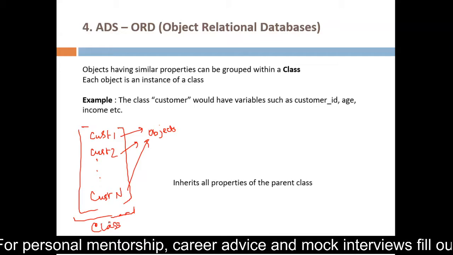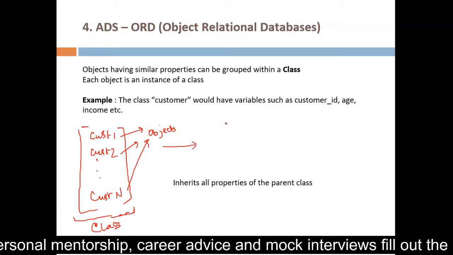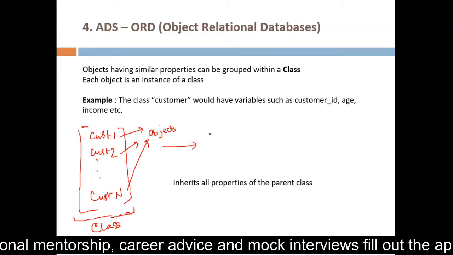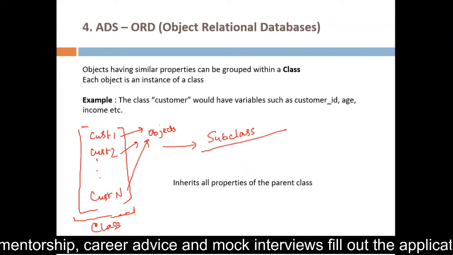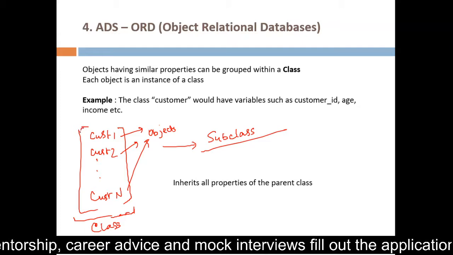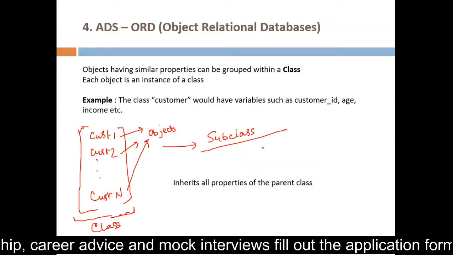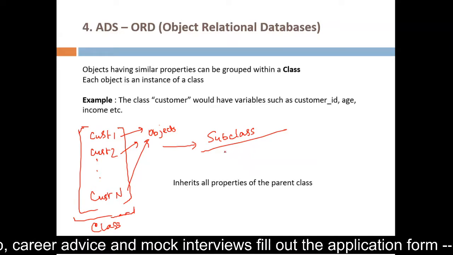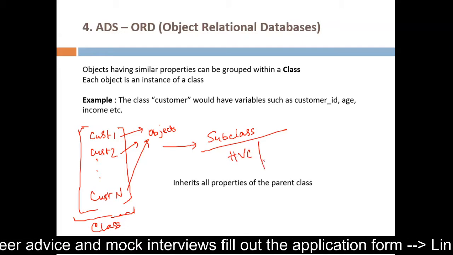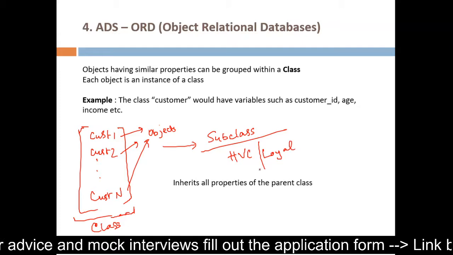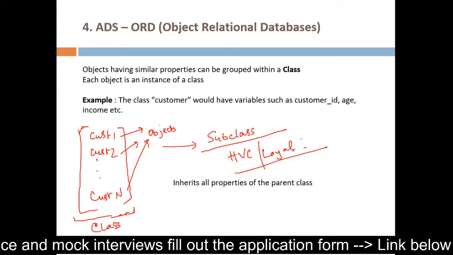Now, out of these objects, if you are trying to find a subgroup or a subset from this particular group, that is known as a subclass. For example, you are looking at your transaction table and at all the customers. But for your particular analysis, let's say you just want to concentrate on your high value customers or customers who are loyal. In order to do that, you would have to have a definition of who your high value or loyal customers are.